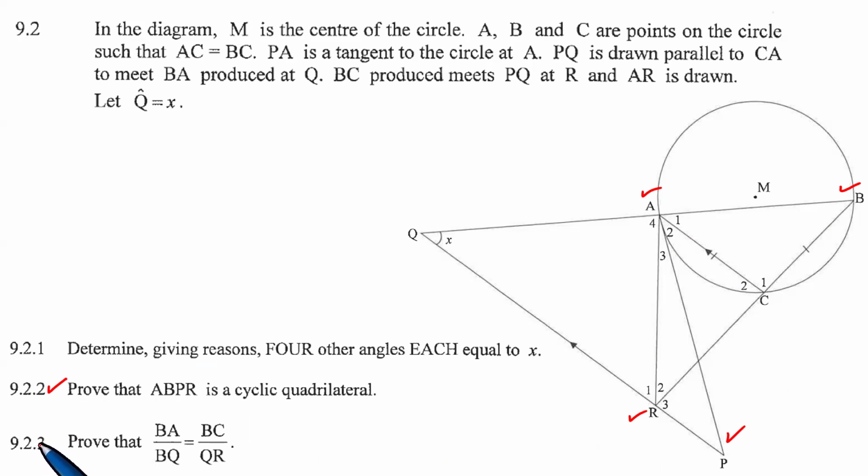And to prove this, we first note that we already know this is x, for example. And we already know that we found that a couple of the angles like B was x, but also we found that A2 was x. We found that angle P was x, like this.